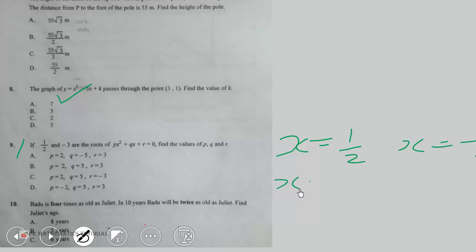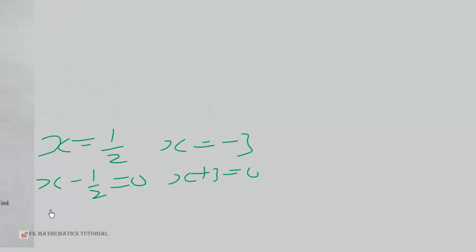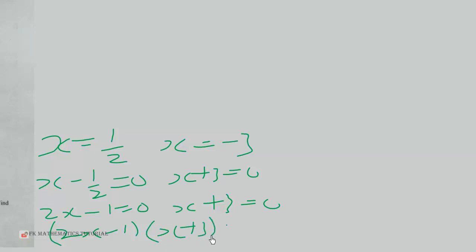We can work backwards. x minus half is equal to 0. x plus 3 is equal to 0. So 2x minus 1 equals 0. x plus 3 equals 0. So working backwards, we have 2x minus 1 times x plus 3 equals 0.